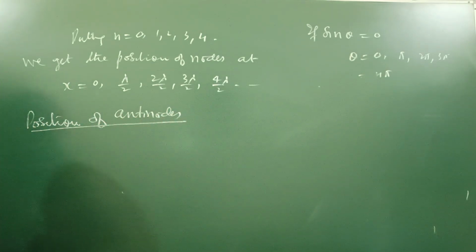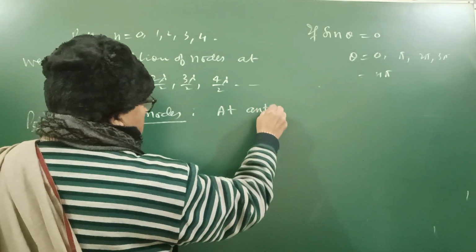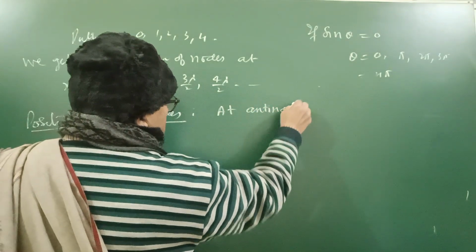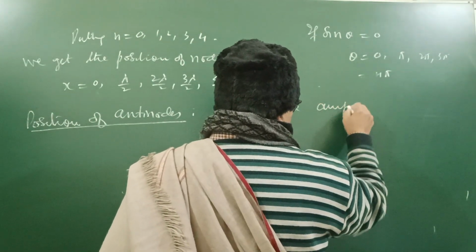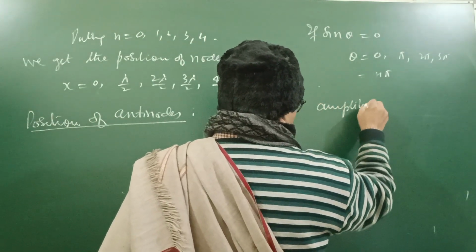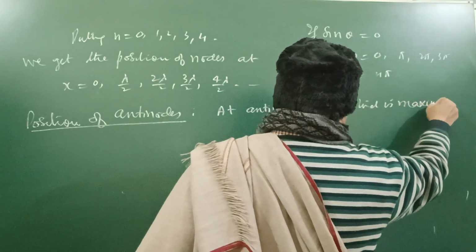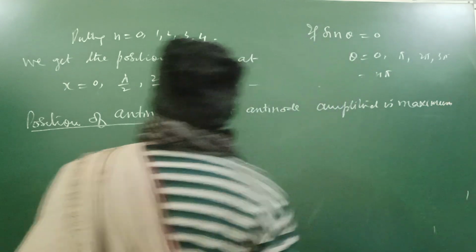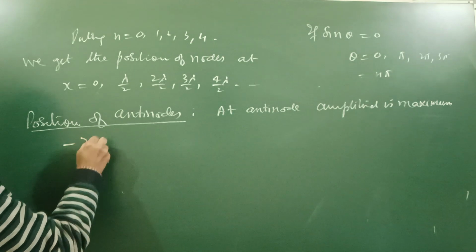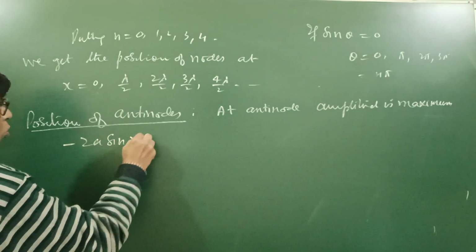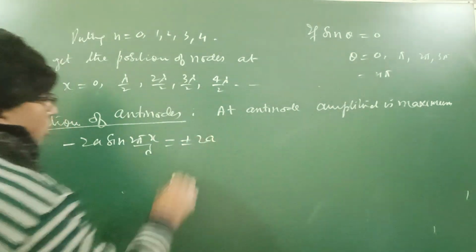You know, at antinodes, amplitude is maximum. Therefore, 2a sine 2 pi x upon lambda equal to plus minus 2a.